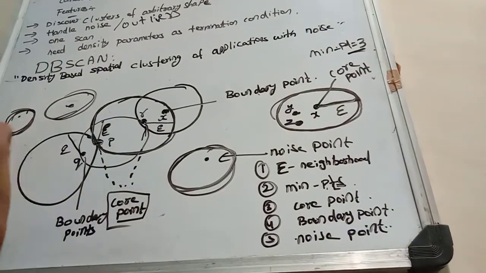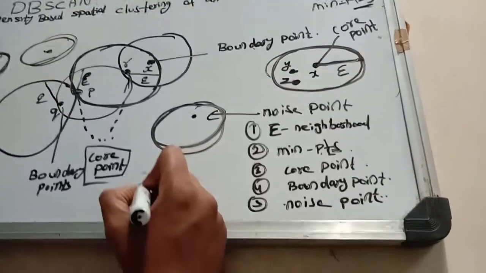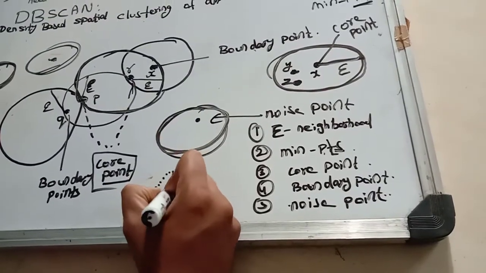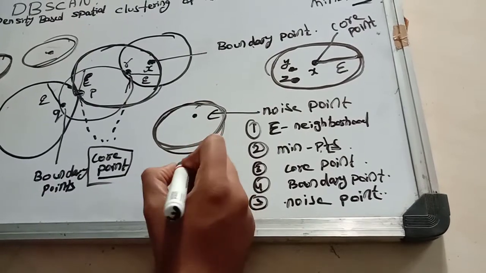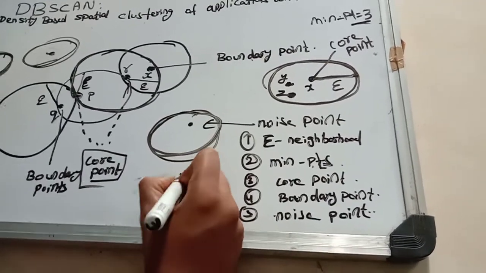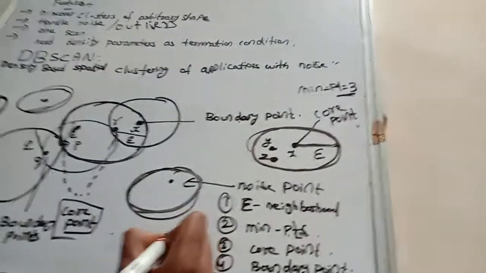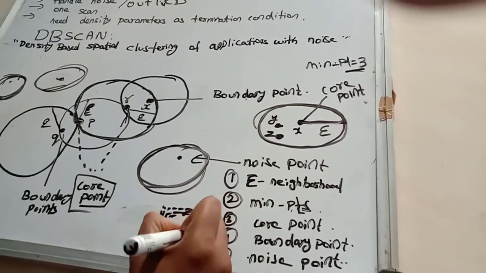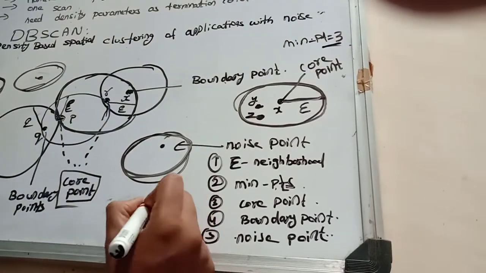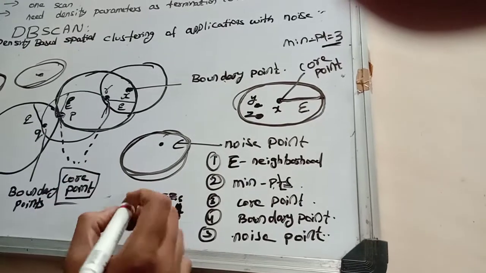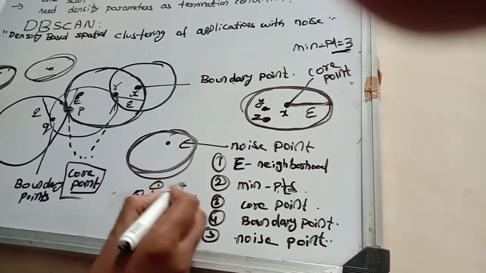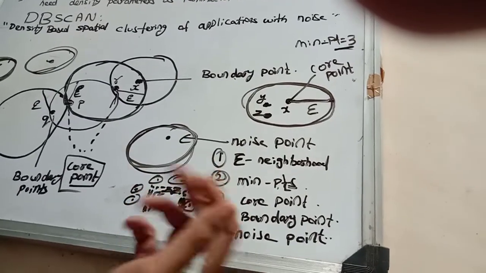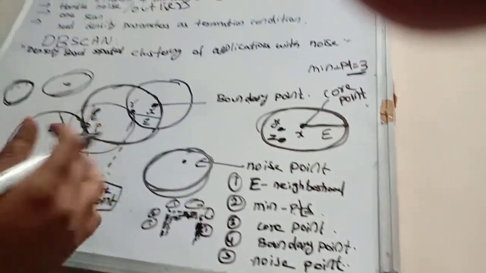It will scan the whole database and form the clusters. Clusters can be formed in different shapes. This is also one cluster, and these are the outliers. We can also form clusters like this. I hope you have understood.